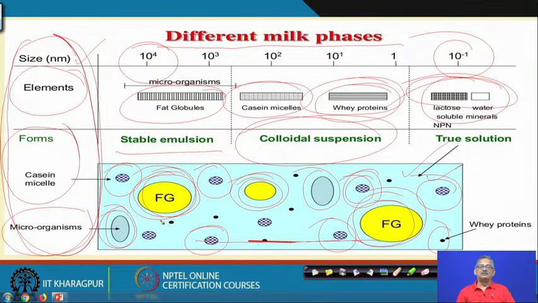So, this is a unique system where all three phases, true solution, colloidal suspension and emulsion, exist and are stable. That is the primary thing, and the entire thing is stable, right.